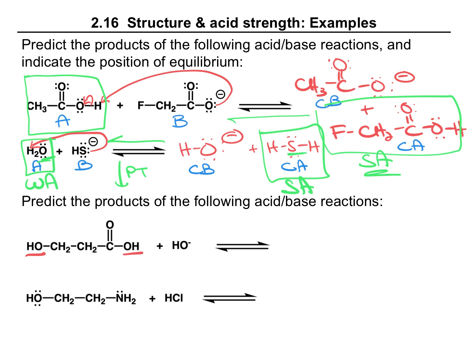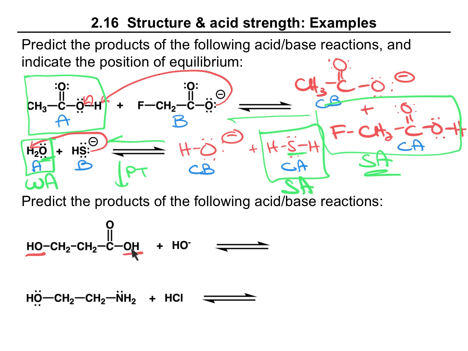But we have differences in terms of resonance. If this acts as an acid, then the conjugate base has a negative charge on the oxygen, and that negative charge is just stuck there. If this acts as the acid, then that negative charge is on the oxygen, but it can be stabilized by resonance.